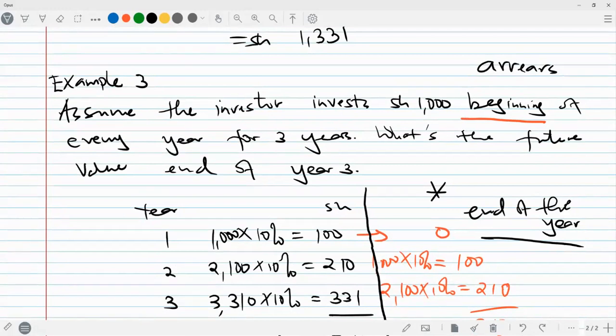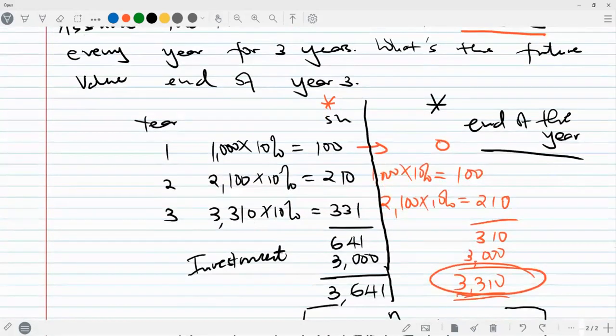So the part in black is what we are meant to answer, but the part in red is what if the cash was to be occurring at the end of the year.